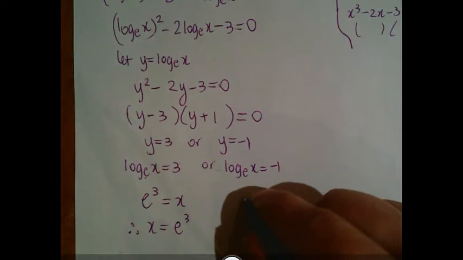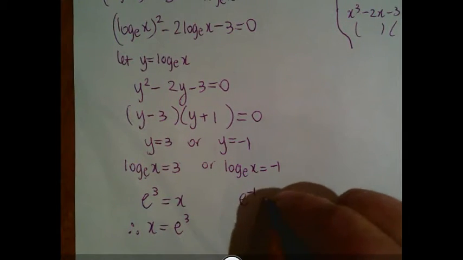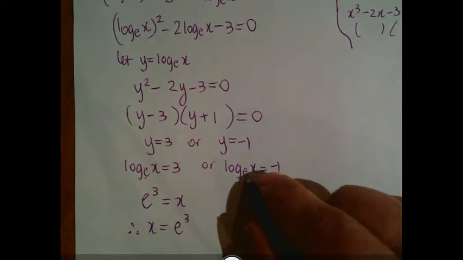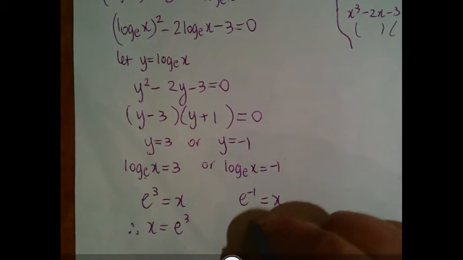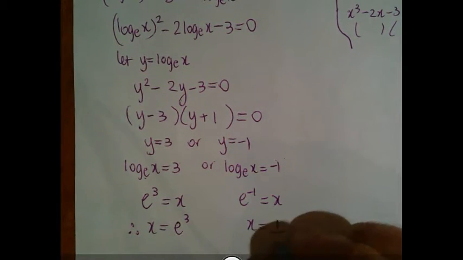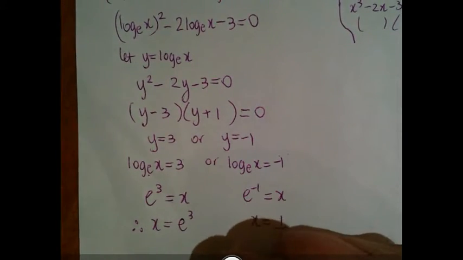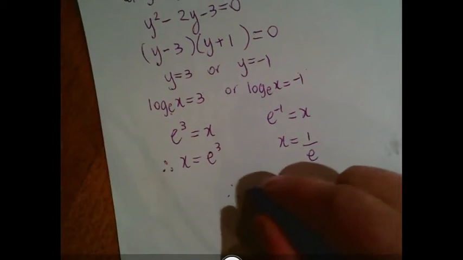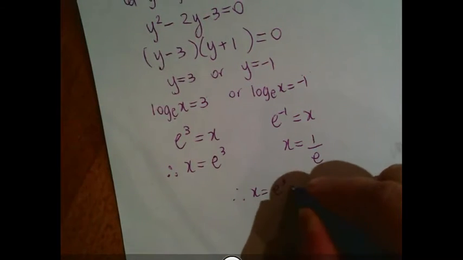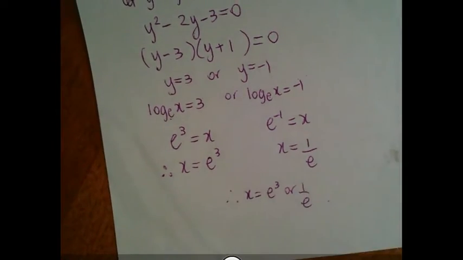Or for this one, e to the power of negative 1 is x, so x is e to the negative 1, or 1 on e. And they are my two solutions for x. So therefore x equals e to the power of 3 or 1 on e.